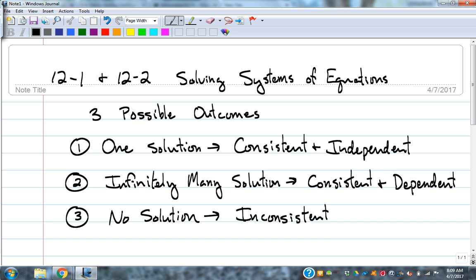There's several ways to solve systems of equations. In Algebra 1, you talk about substitution and elimination as methods for solving systems of equations. Get to Algebra 2, you do that again, and then we start going into using a matrix to solve a system of equations, which is by far and away the easiest way of doing that because it doesn't require a ton of work on your part.